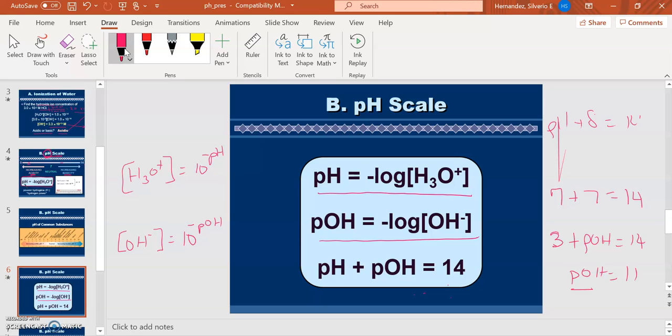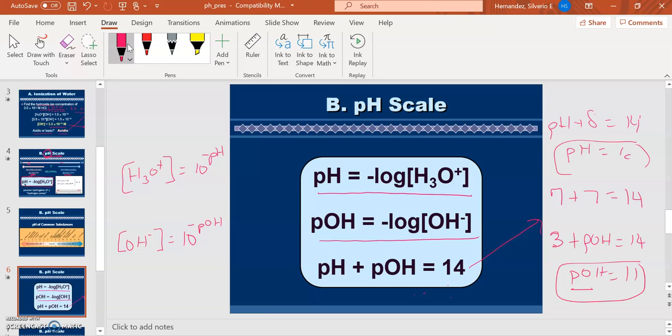So I would simply subtract 14 minus 8, and that would give me 6. So I would have a pH of 6. Down here, a pH of 11. Just two simple examples using that equation.